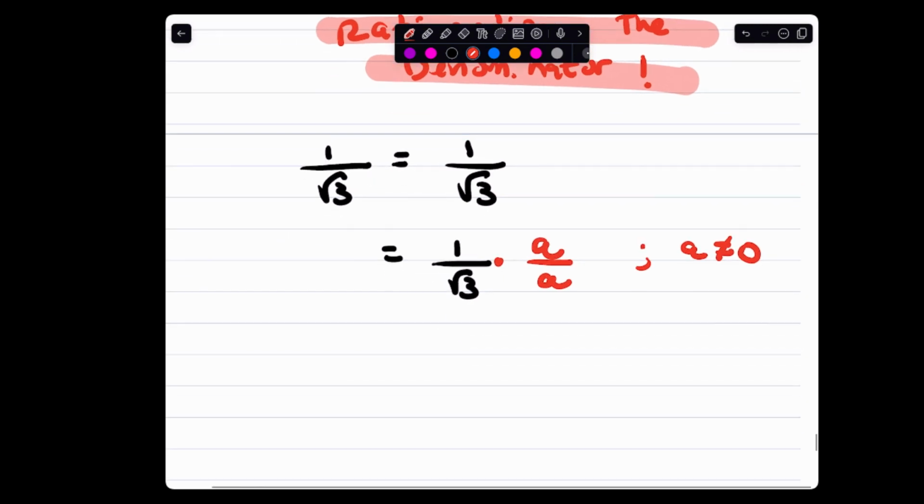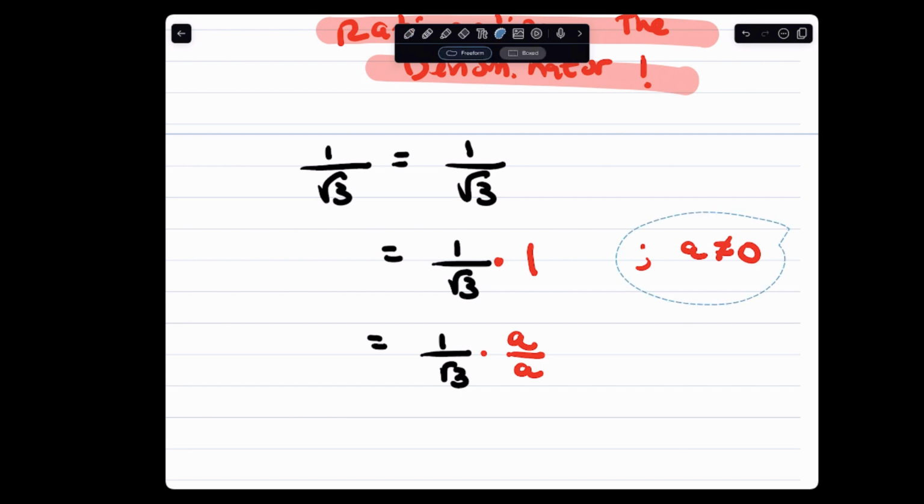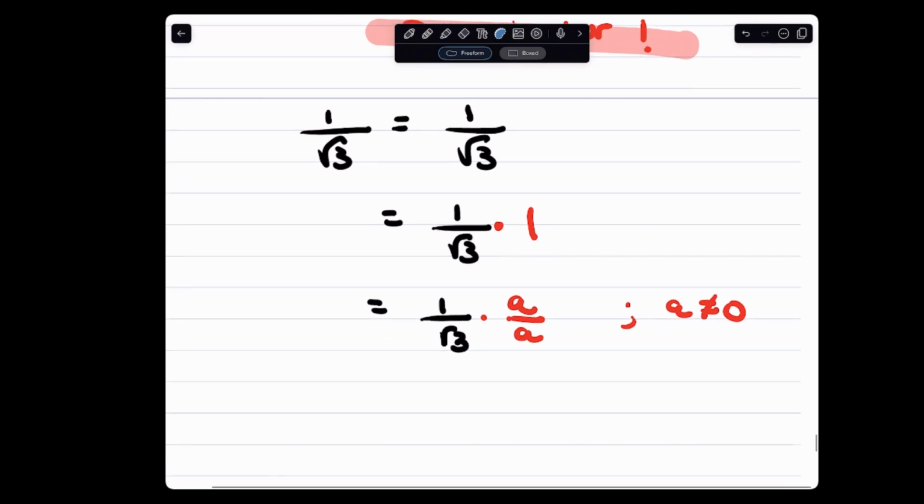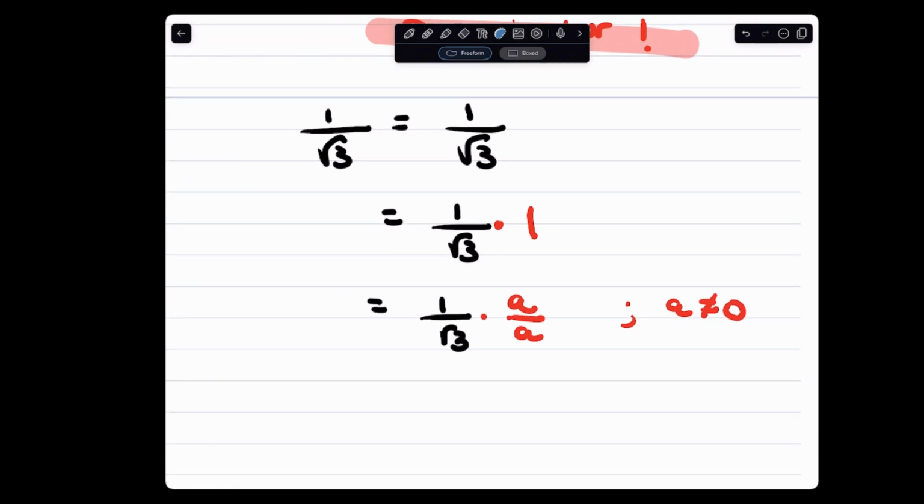In other words, 1 times anything is itself, and then I'll say, can I write 1 as a divided by a, where a is not 0? And so far, logically speaking, this is perfectly fine. This is still equivalent, right?